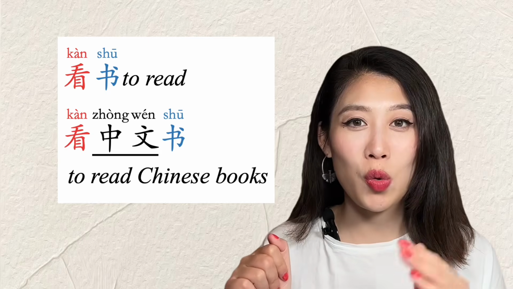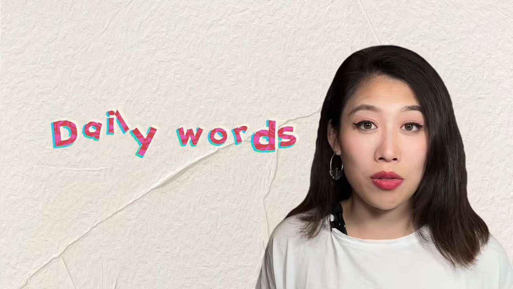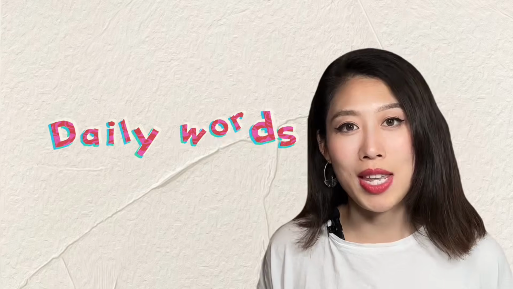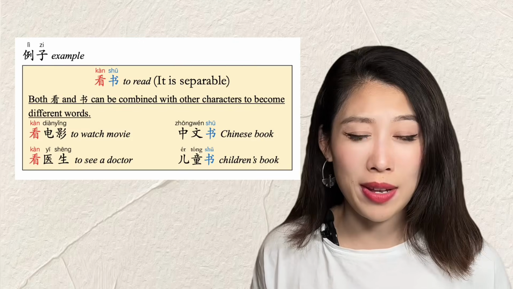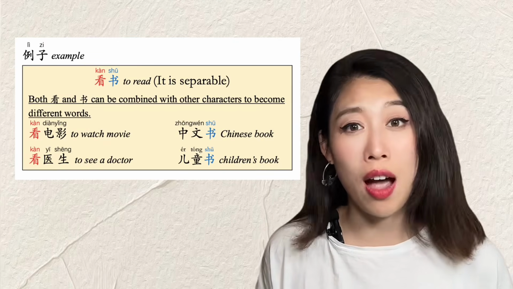看中文书. So how do I know if a word is 离合词? Or how do I know if they're separable or not? Well, most likely they are very daily used words, such as like to eat, to read. But there's also one more trick. You can look at each character and see if each character by itself individually makes any sense or not.